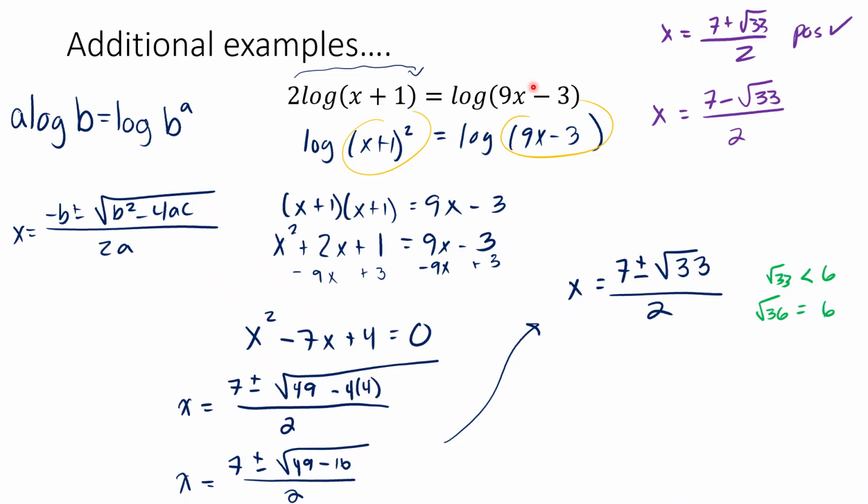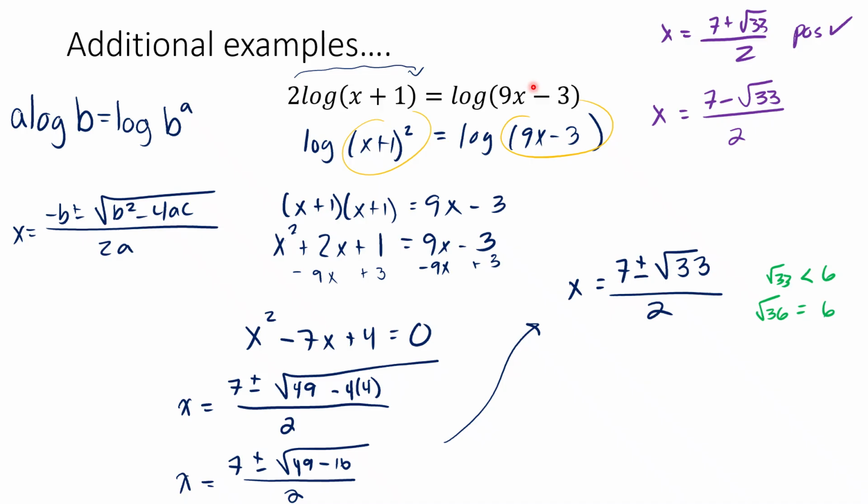So now finally I have to grab my calculator and I do 1 minus the square root of 33 and divide that by 2. And I have 0.6277.